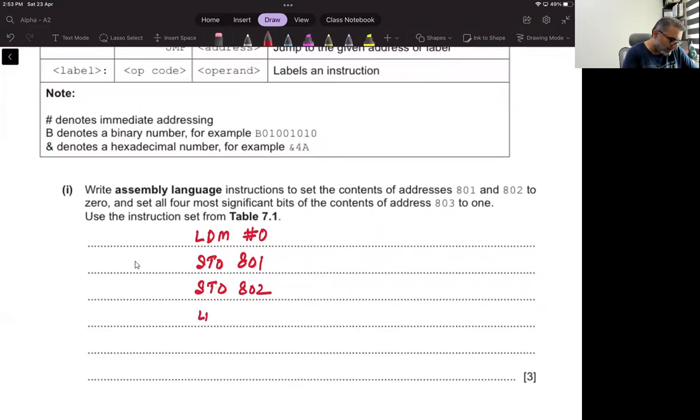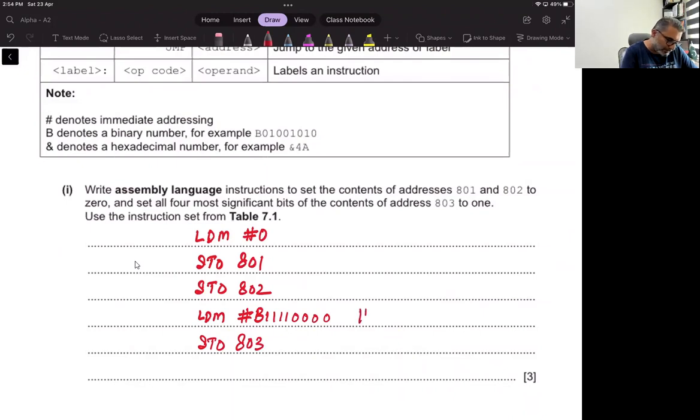So LDM, with the value in binary: most significant bits 1, 2, 3, 4 set to 1 and least significant bits 1, 2, 3, 4 set to 0, and then we store it in 803.